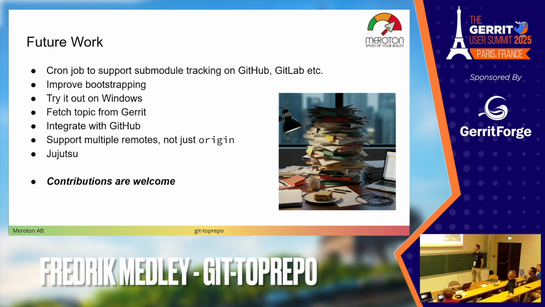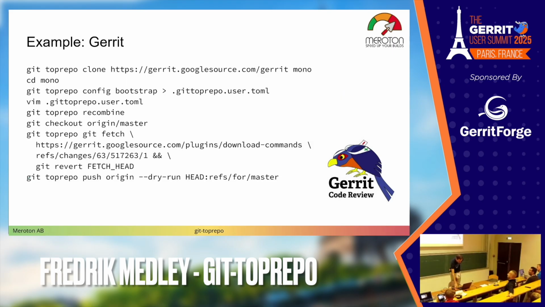That's not really supported. I don't know how this would fit in with Jujutsu. Feel free to talk to me about that. Contributions are welcome, of course. There's a lot you can do to it. Now, example. Let's clone Gerrit.